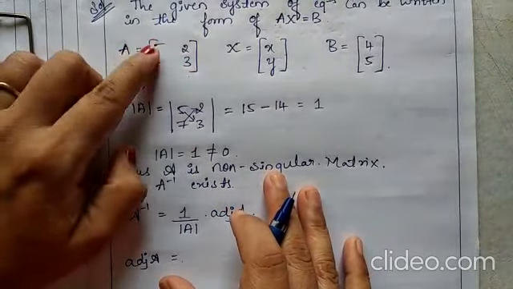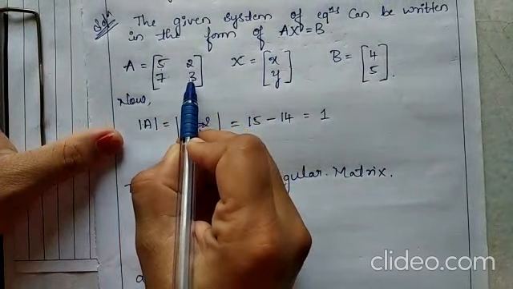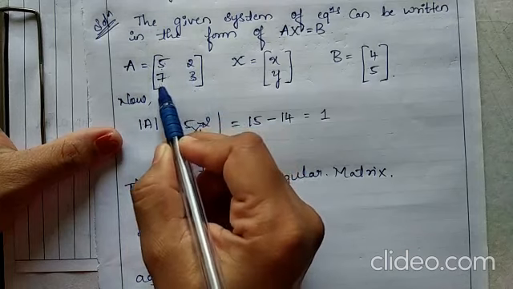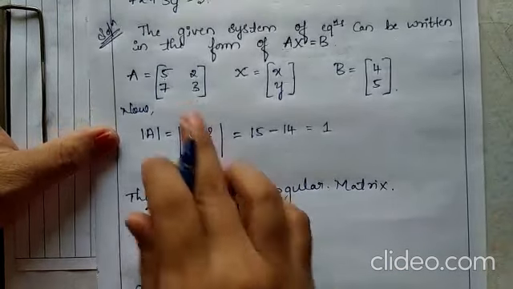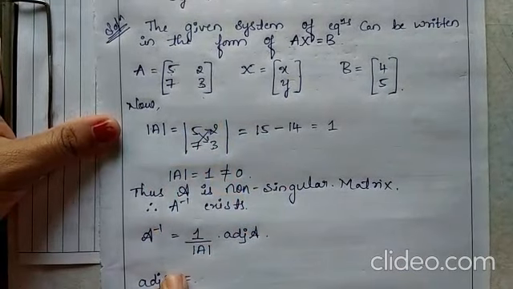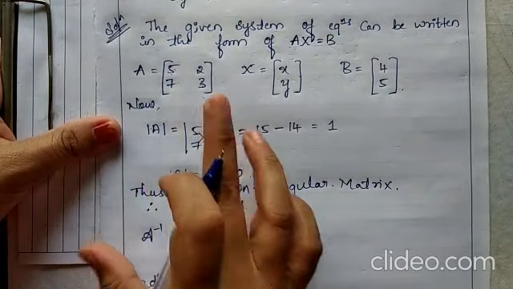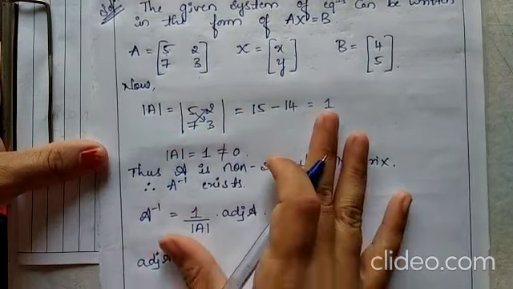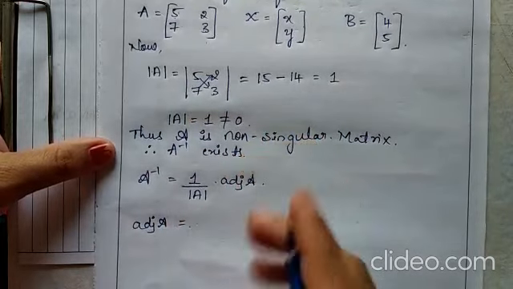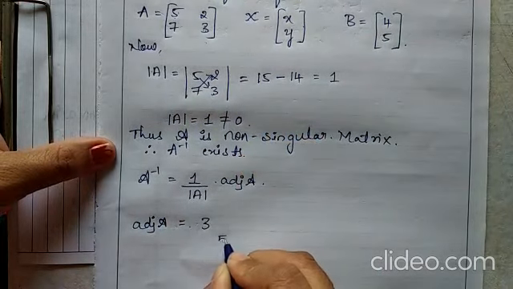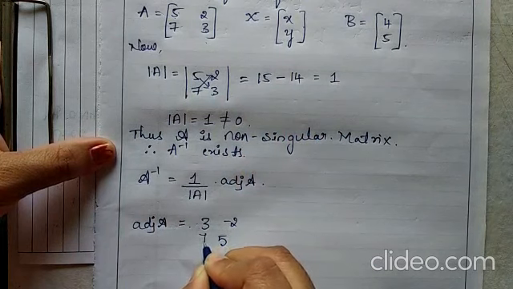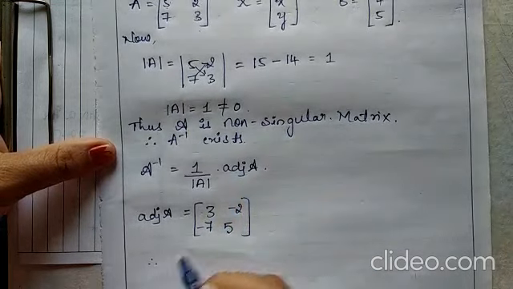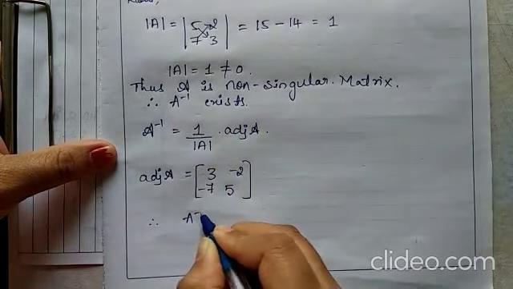Interchange the places of these two elements and change the sign of these two elements. If it is of order 2 cross 2, we can write the adjoint of A directly. If it is of order 3, then we need to find its cofactors, and the transpose of the cofactor matrix is the adjoint of the matrix. So I will write it as 3, minus 2, minus 7, 5 as the adjoint of A.